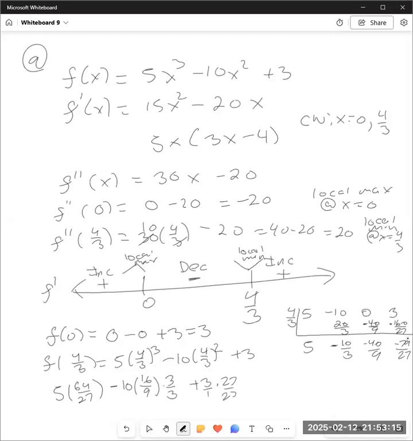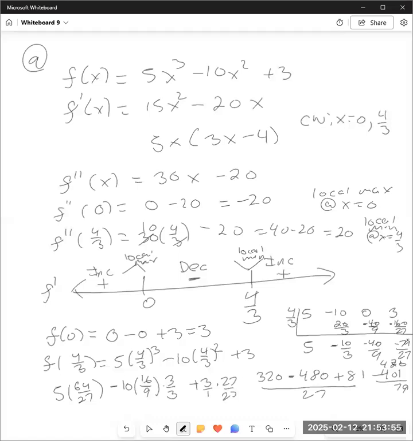That will be 320 minus 480 plus 81 over 27. So that's 401 minus 480, so that is 79, but in the negative direction, negative 79 over 27.